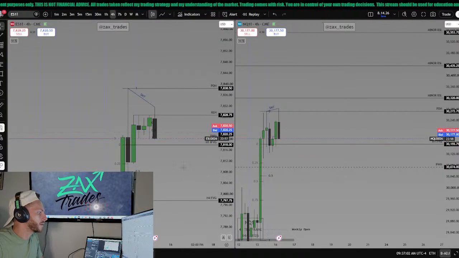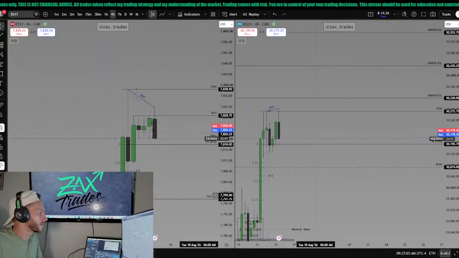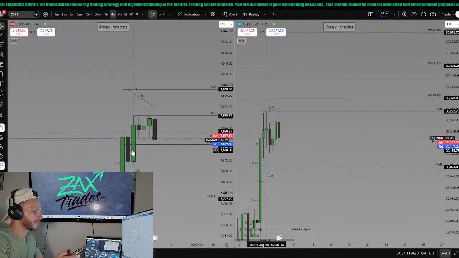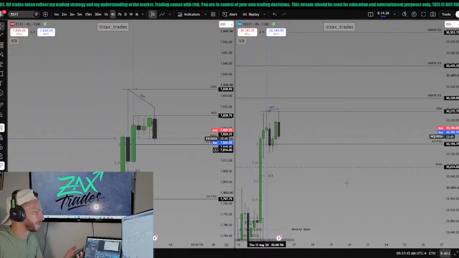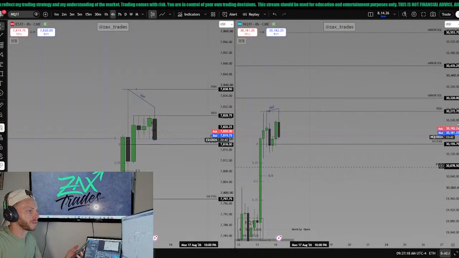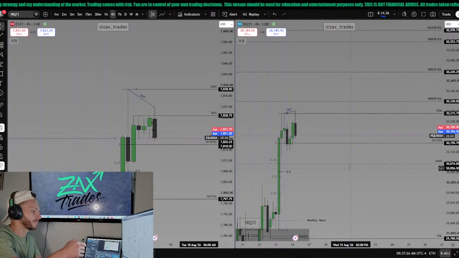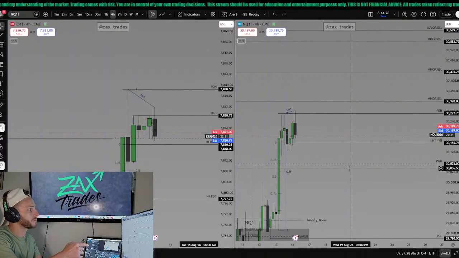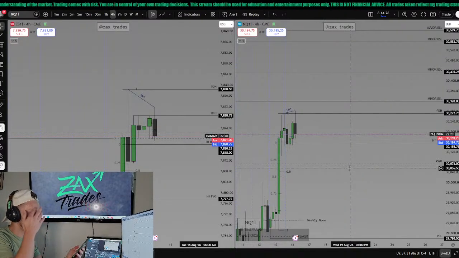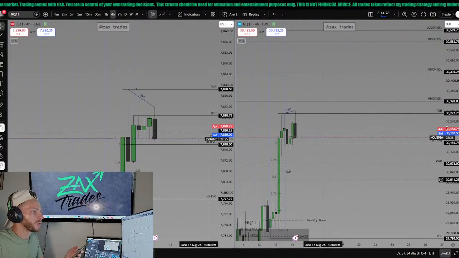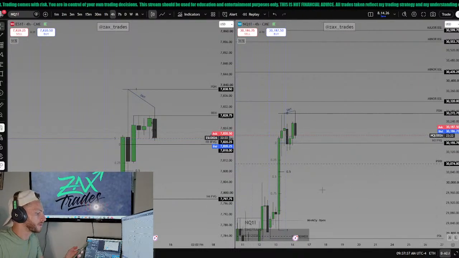Okay, so honestly, guys, I was looking at London session last night before I went to bed, and I thought shorts down into the unfilled 4 hour bullish fair value gap were going to be the play, but I didn't really get a good setup to it, so I didn't jump on stream or take any trades.